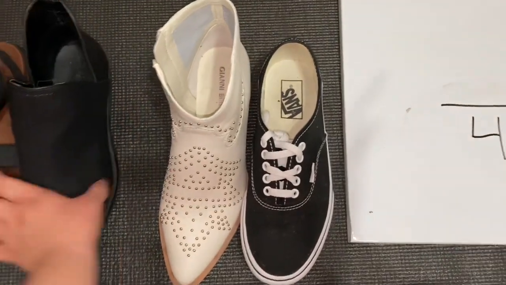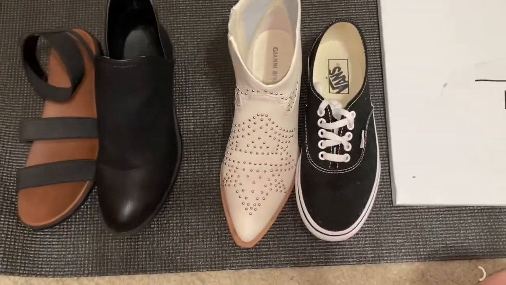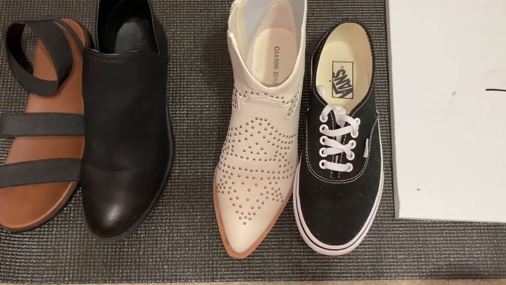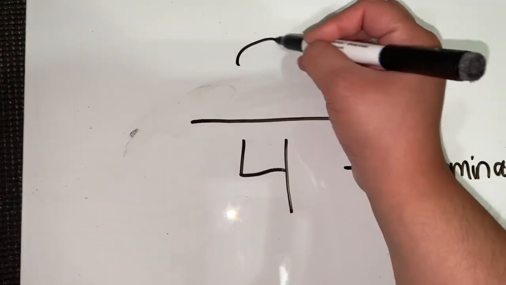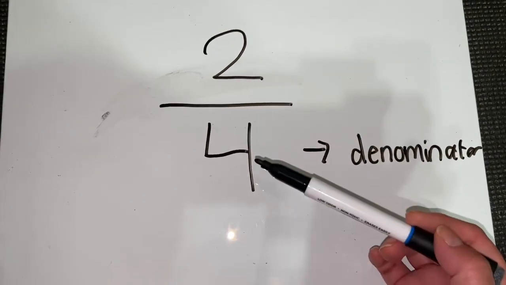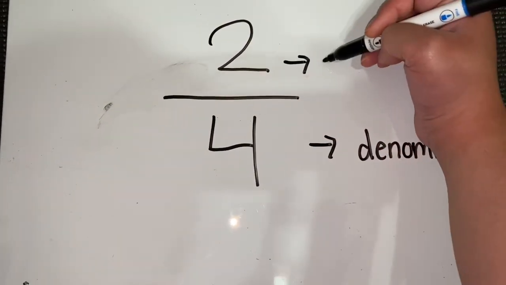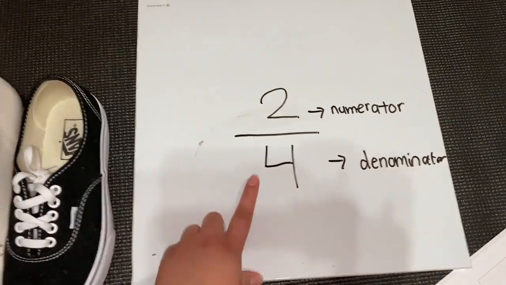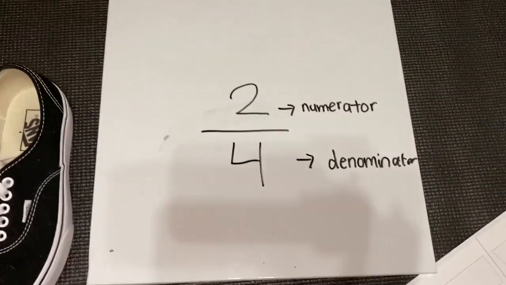So we have these 2 shoes, my boot and my Vans, that have white in the shoe. So 2 out of 4 have white. Since we're working with that type of fraction, we would put a 2 on the top. So this says 2 out of 4, or 2/4. And the number up top is called the numerator. This fraction says 2 shoes out of 4 have white in them.